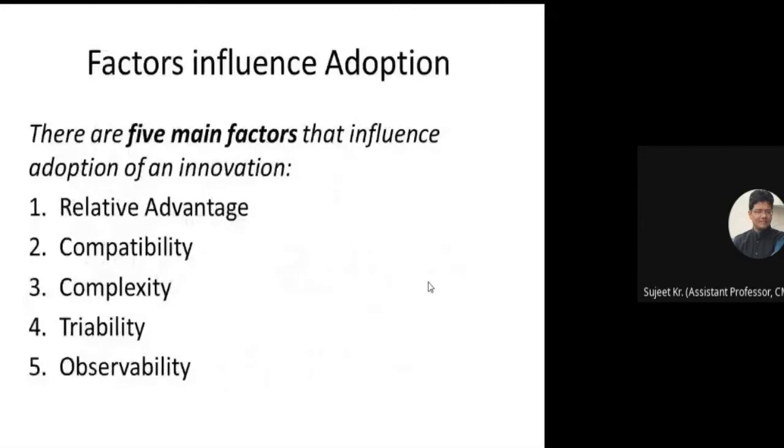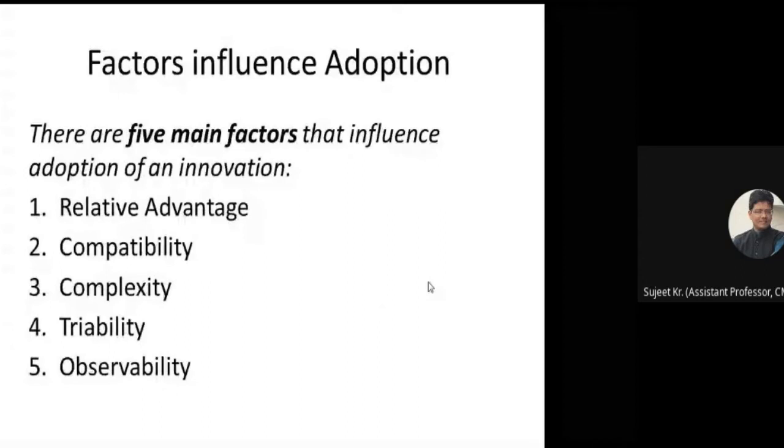And then five factors influence adoption. Which are the factors which influence adoption? So there are five main factors, right? The first one is relative advantage. Relative advantage means, suppose you want farmers to use tractors to plow their field, and till now they were using bull farming.